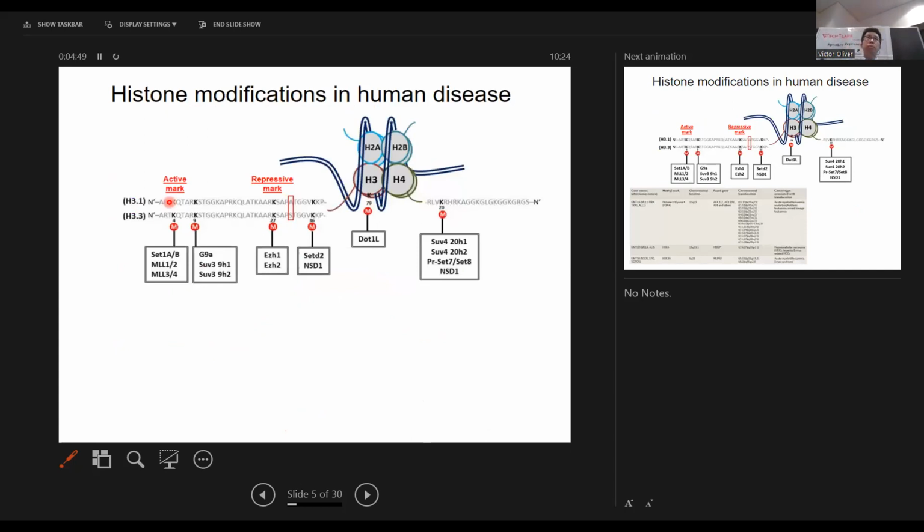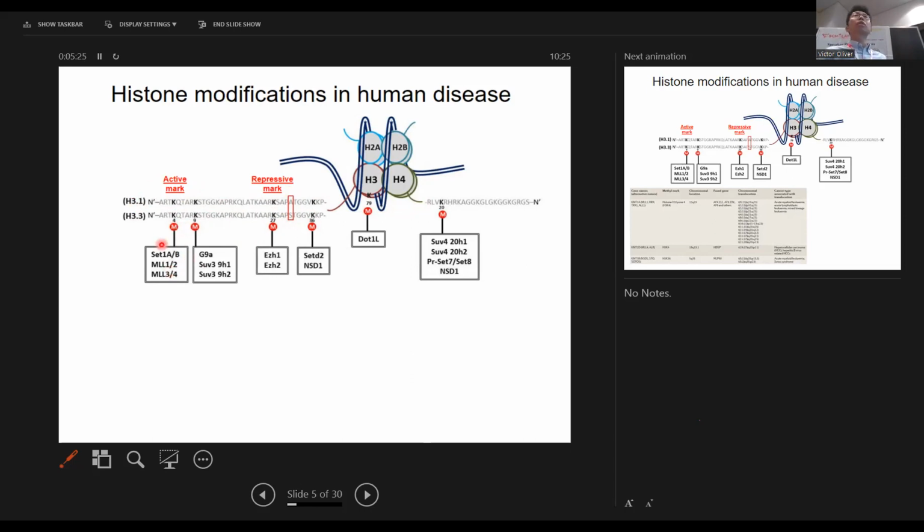So to tell you more about the histone modifications, I would like to make the story simple. So here I only show you the N-terminal tails of the histone H3 and histone H4. And here I only highlight the key lysine residues, which can be modified by the different enzymes. For example, you can see here these are the histone H3, lysine 4, lysine 9, 27, and 36. They can be modified. For example, lysine 4 can be methylated by the MLL complex.